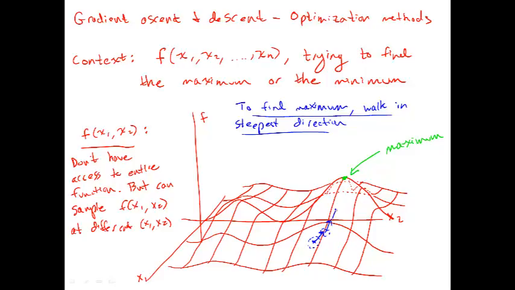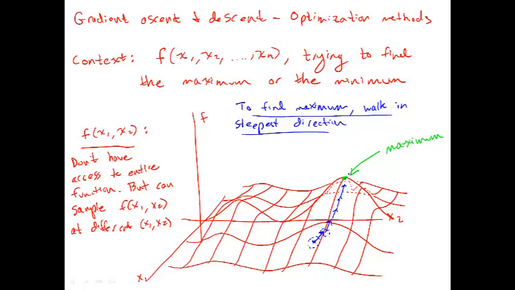And then I would keep going, and keep going, and keep going until I got to the top. And how would I know when I got to the top? Well, every direction would be equally steep, and the steepness would be 0, because it would be completely flat in every direction.